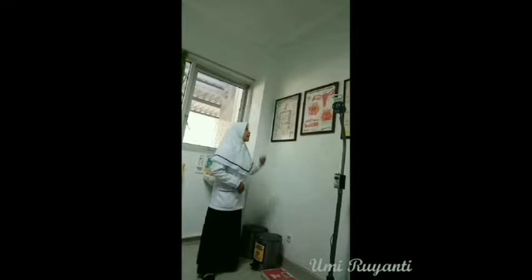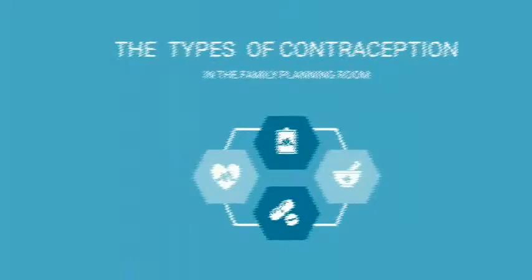And then, the function of a poster is to provide health information to clients. Clients can look at the pictures and writing, so they can understand the health information. This is our explanation about properties.